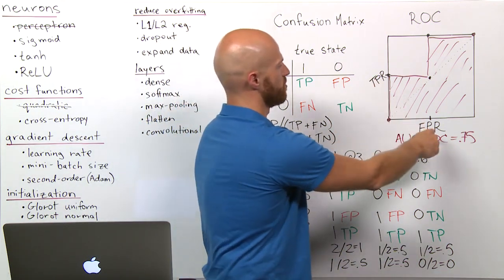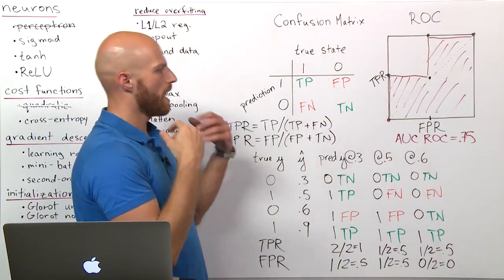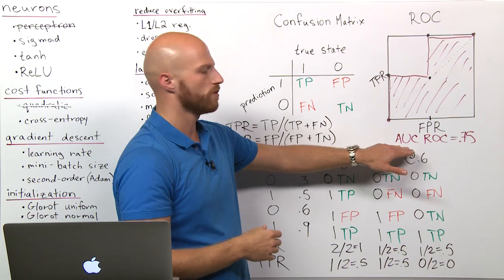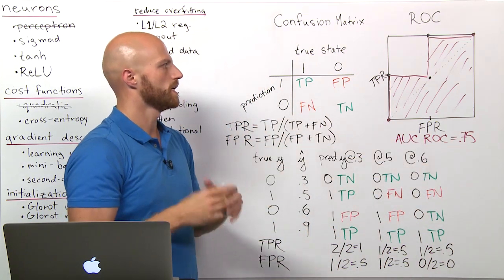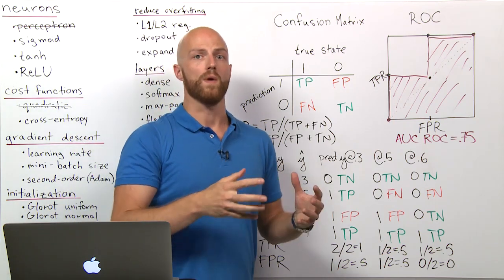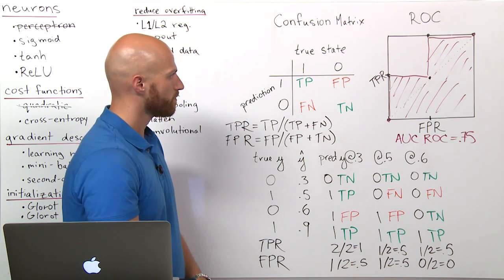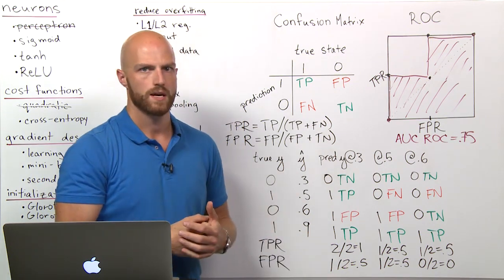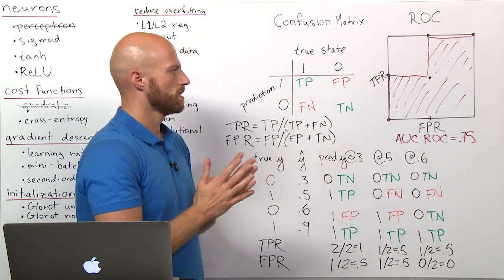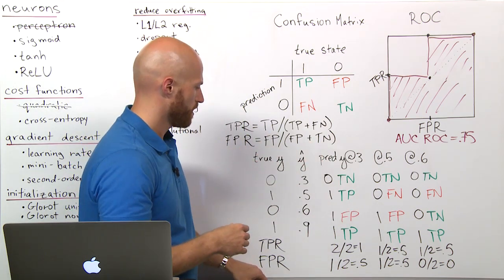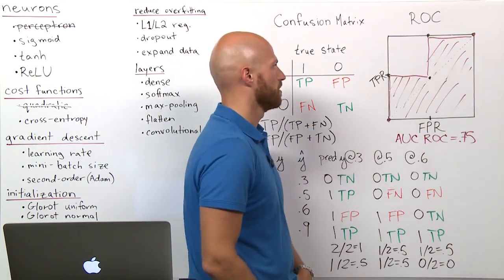And then we can combine the true positive rate and the false positive rate together to get a single metric, an area under the curve of the receiver operator characteristic that is in one figure, giving us a sense of how well our model is performing across the entire range from 0 to 1. If it were doing perfectly and we're classifying all of the zeros and all of the ones exactly accurately, then we'd fill up the whole space and we'd have a score of 1.